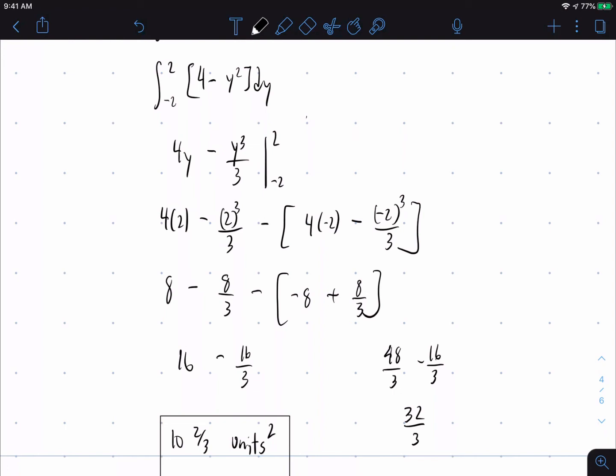Do you prefer 10 and 2/3 or 32/3 is fine? Either one of them's fine. I typically go with the mixed number because that makes more sense to me. Does that make sense? Like if I was talking about bags of flour, I could say, oh, there's 10 bags of flour and 2/3 in an 11th bag.